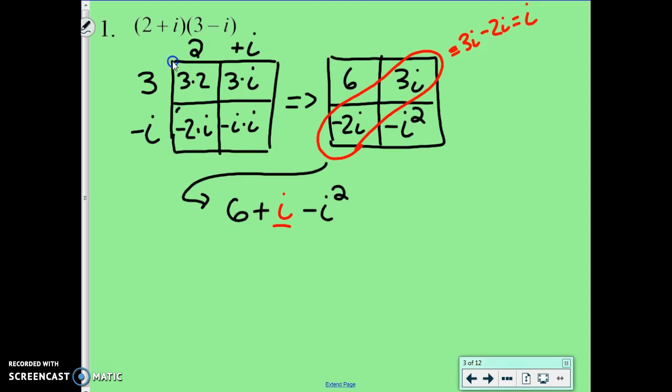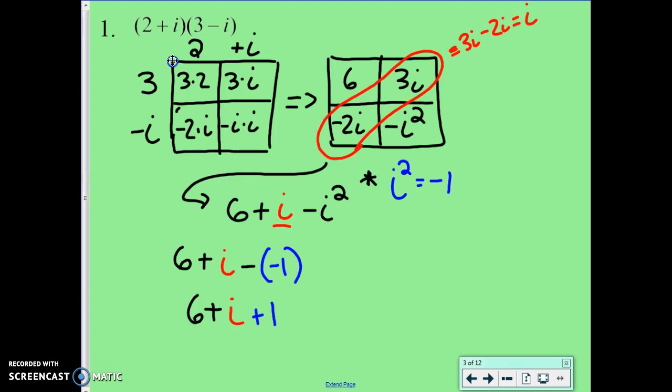But I remember i squared is equal to -1. And actually, I'm going to do that in different colors so it's very clear. I remember i squared is equal to -1, so therefore I'm going to get 6 plus i minus, in parentheses, -1. When I work through that, I get 6 plus i plus 1.